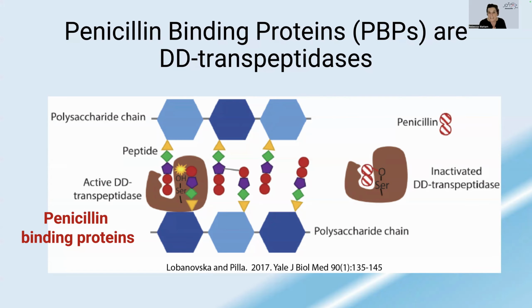When a penicillin type antibiotic comes in, it has a similar structure to what is happening when the 2 peptidoglycan chains are bound together. And it's able to go into that transpeptidase and stop it from proceeding on. So that's why for a bacterium, it's devastating. For a human that's infected with this bacterium, it could be a lifesaver.